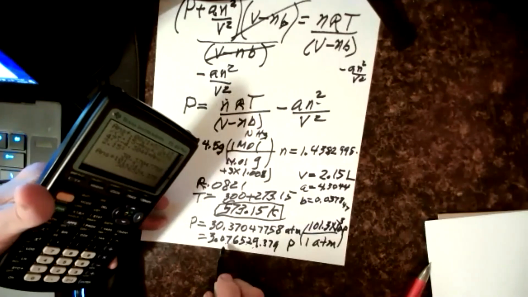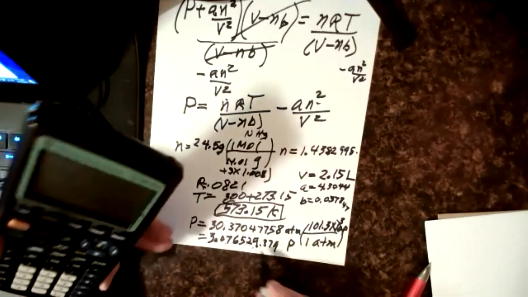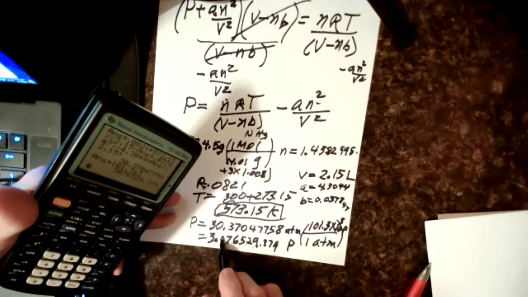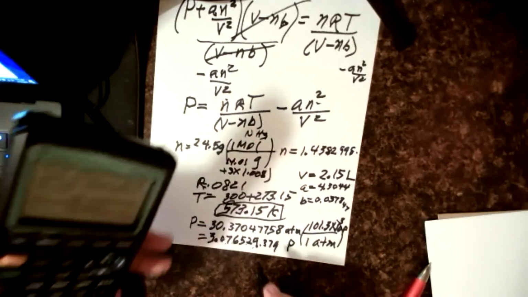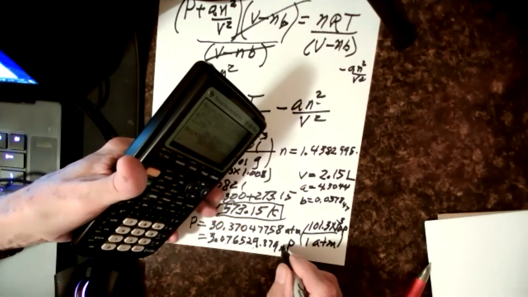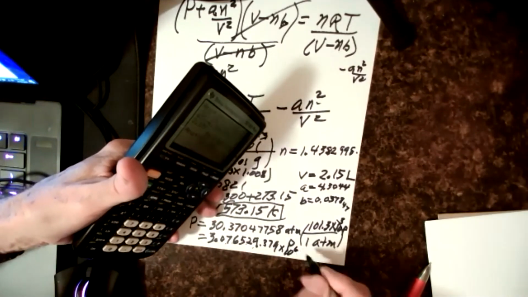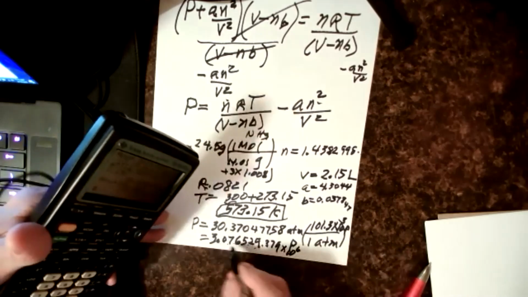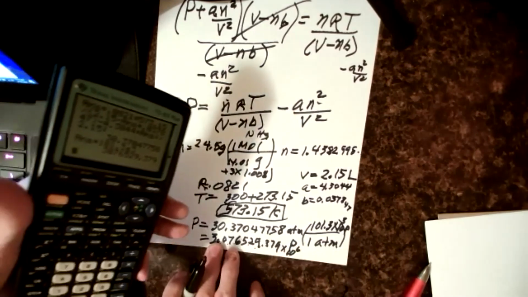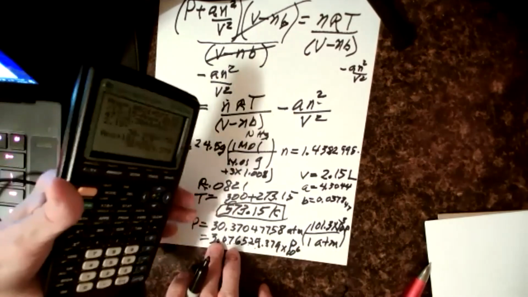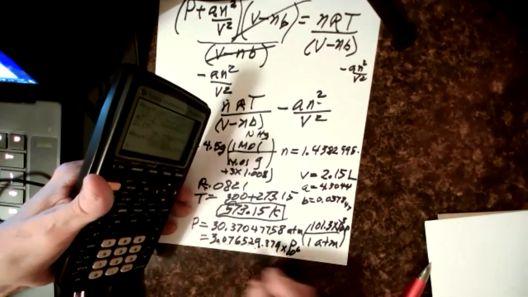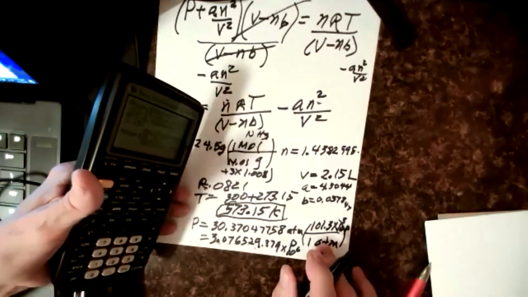So it would be times 10 to the 6 pascals if I write it as 3.076 times 10 to the 6.